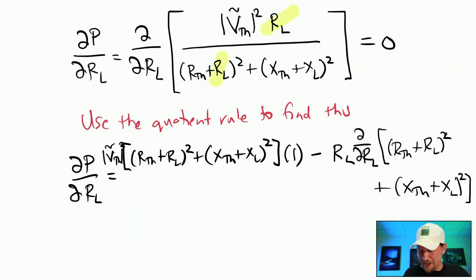Now I'm going to do the same simplification. Notice that when the partial derivative pushes over to the reactance term, that partial derivative is 0, because that doesn't depend on R load whatsoever. R load only appears in the first term, within the parentheses.